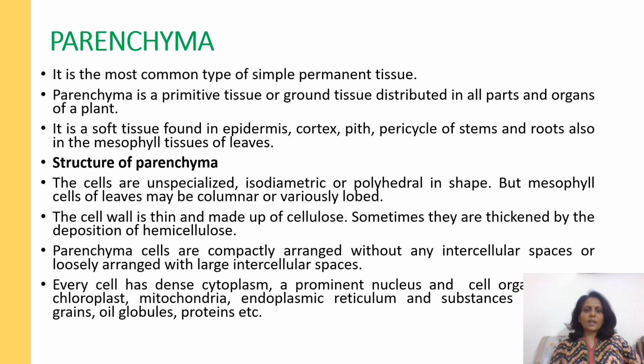They usually don't have any intercellular spaces between them. Each cell has a dense cytoplasm, a prominent nucleus, cell organelles like chloroplast, mitochondria, endoplasmic reticulum, and other ergastic substances, starch grains, oil globules, proteins, etc.